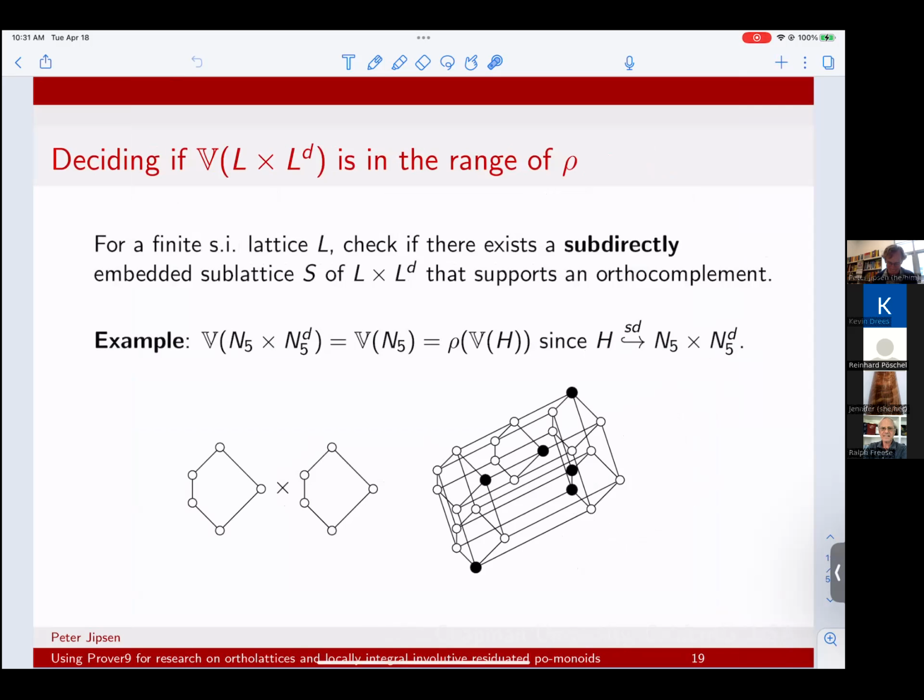And for N5 cross N5 dual, which of course is the same lattice, you can see that when you construct this direct product, there's a copy of the hexagon lattice sitting inside here. And that's what the theorem tells us.